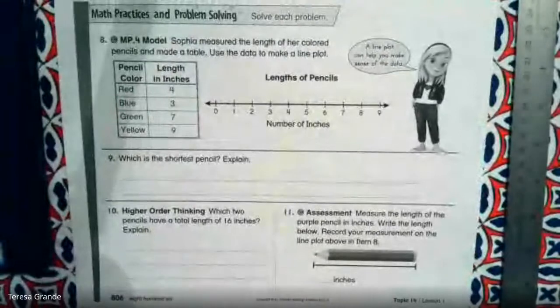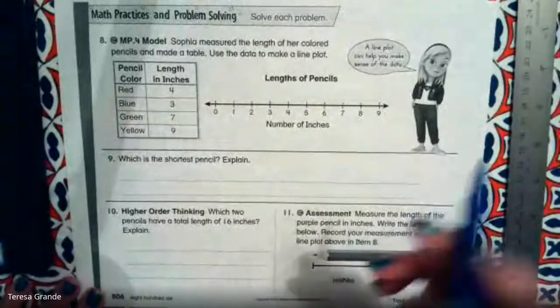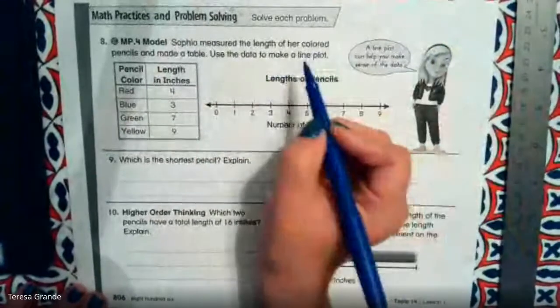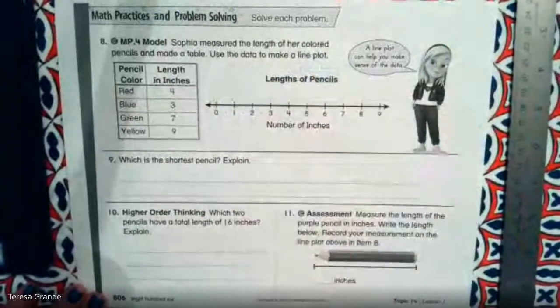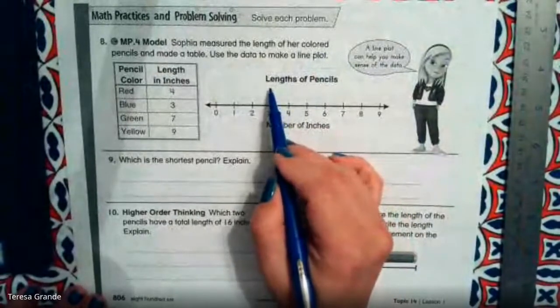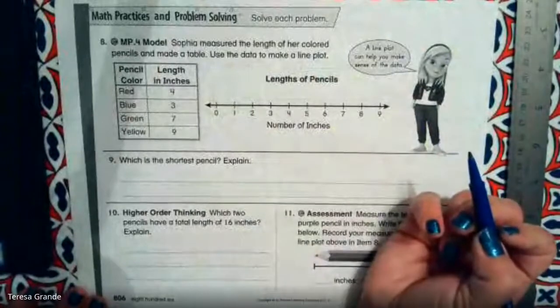Okay, let's practice one more. Sophia measured the length of her colored pencils and she made a table. The table is right here. Use the data to make a line plot. So let's do that. We know that she measured the length of the pencils in the number of inches.